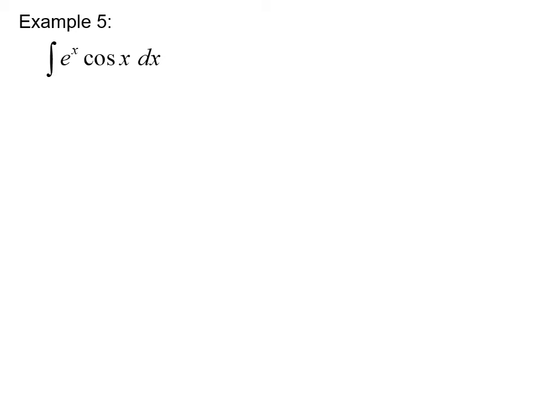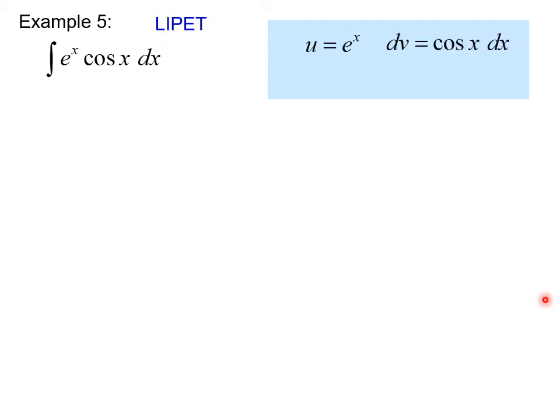Someone of you maybe can answer this question. So we will choose u equal what? Yes, that's right. As our rule says, we choose u equal e^x, exponential, and dv will be cosine x dx. Now we apply what we discussed before.